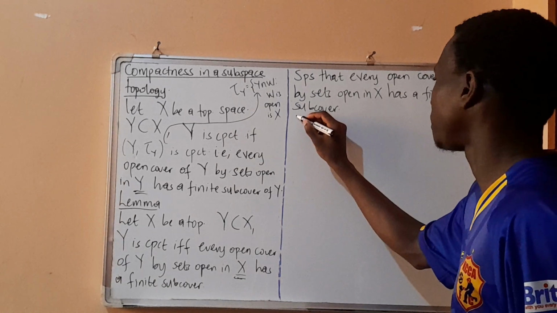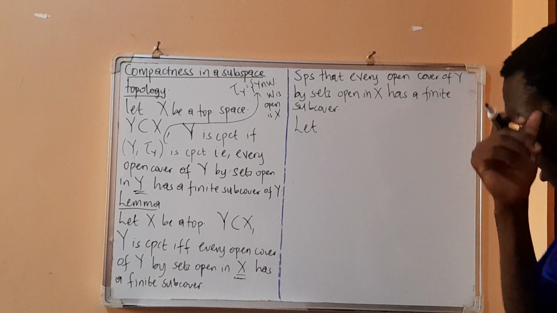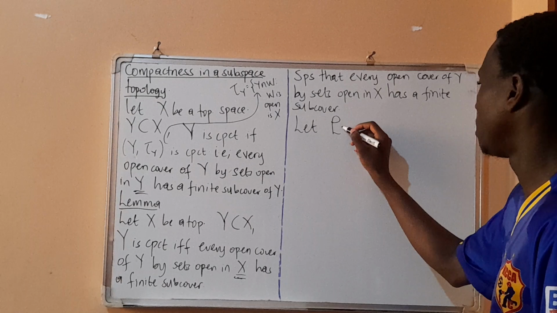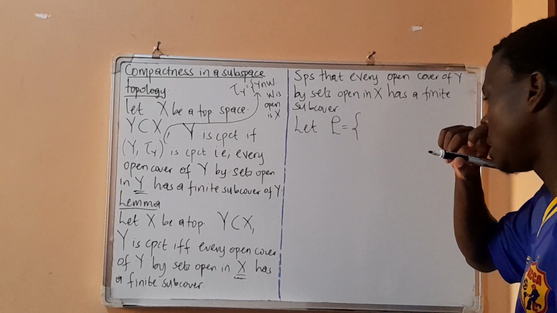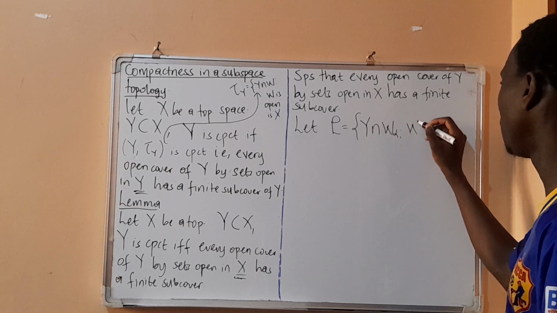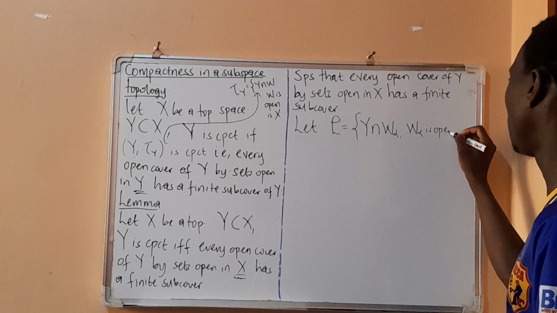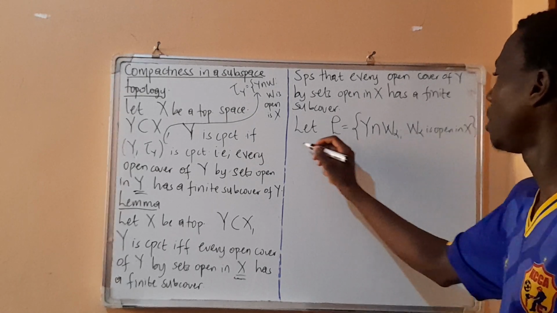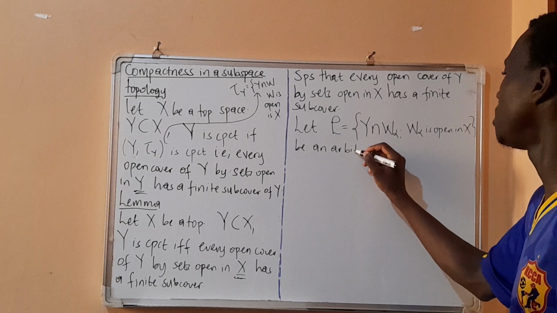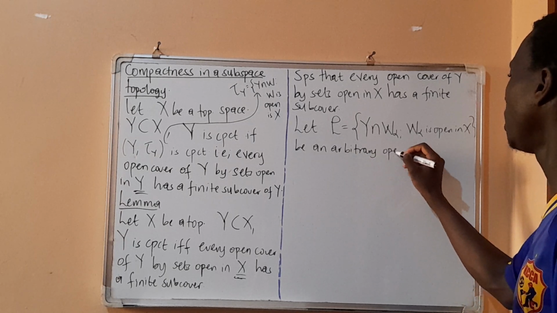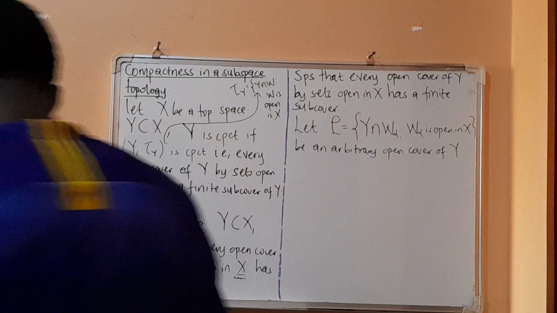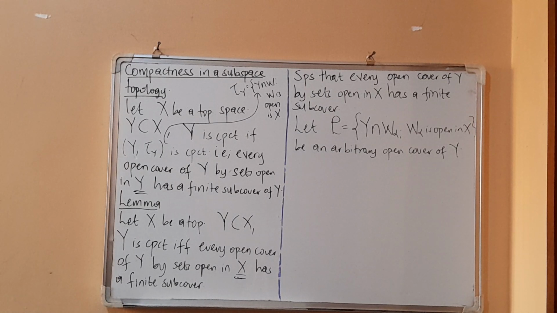So we let {W alpha}, where W alpha is open in X, be an arbitrary open cover of Y. Now we have to show that it has a finite subcover.